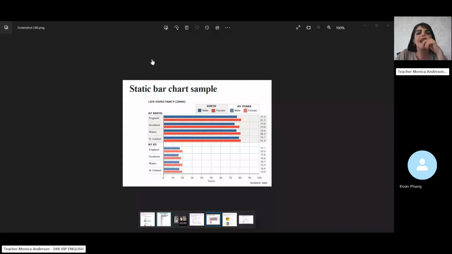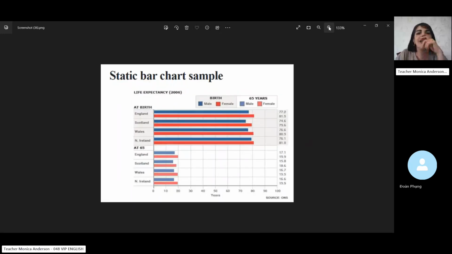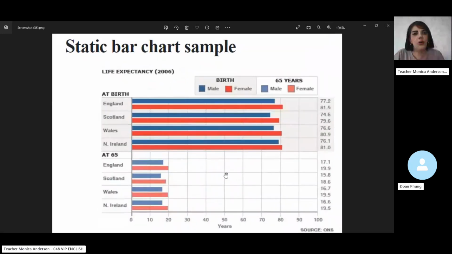Static bar chart. As you can see, why we say static: it's about life expectancy in 2006, so 1 year. Can you zoom in? I don't see the picture clearly. How about now? Yes, better. So as you can see, life expectancy 2006, at birth.